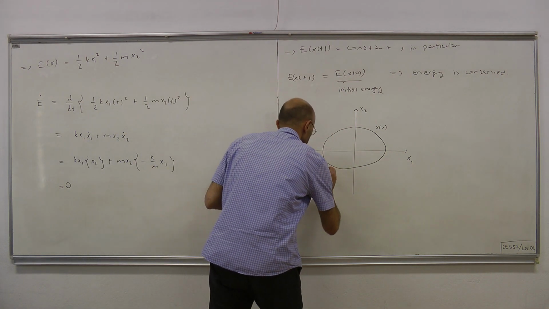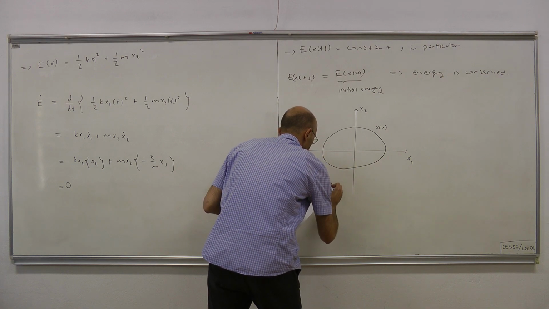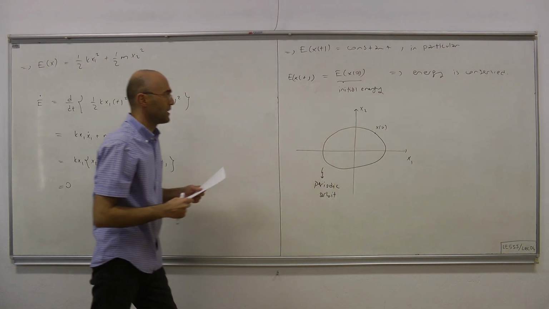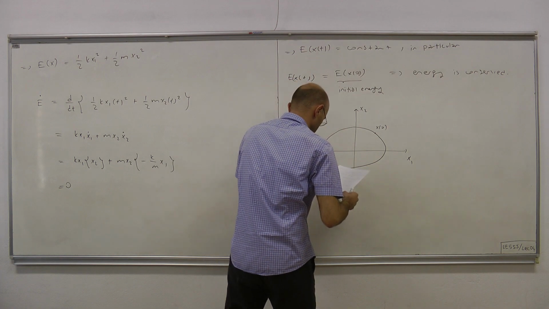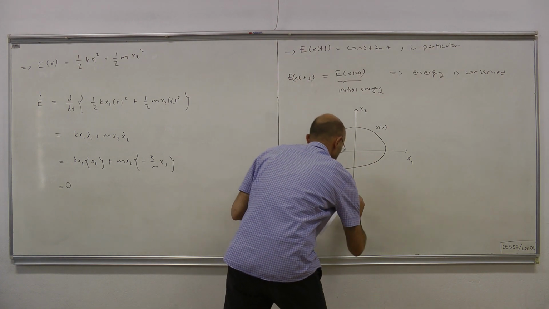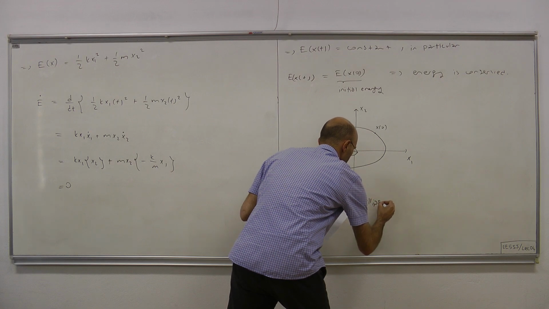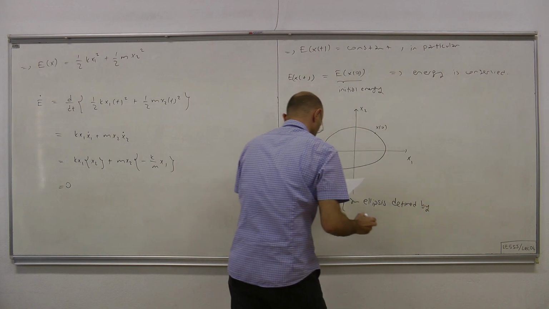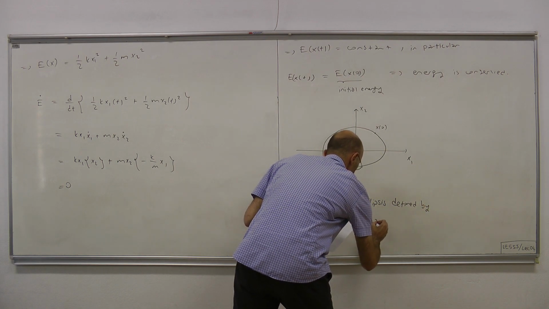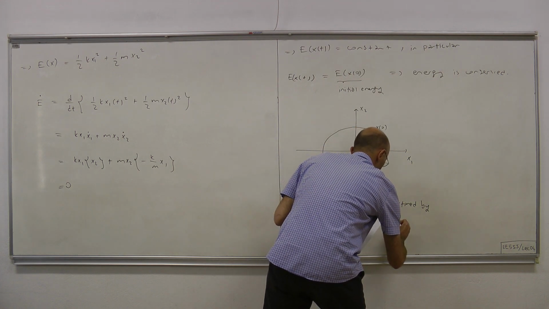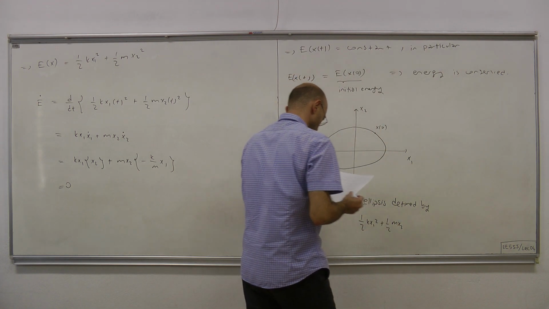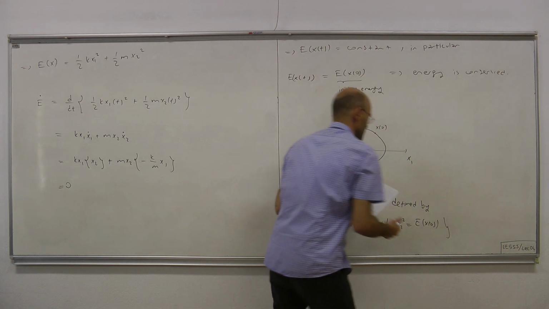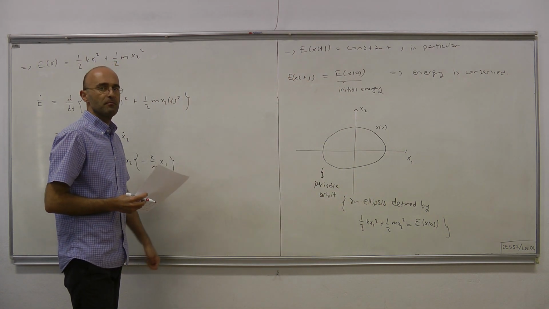And this is a periodic orbit, because it will always remain on that curve. In this case, it's an ellipse defined by 1/2 k x1 squared plus 1/2 m x2 squared equals the constant, which is the initial total energy of the system.